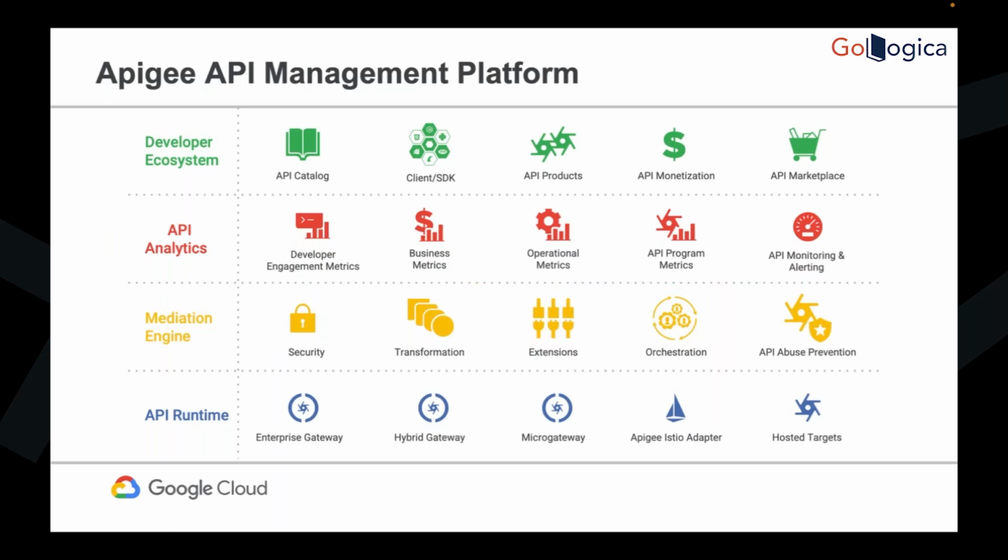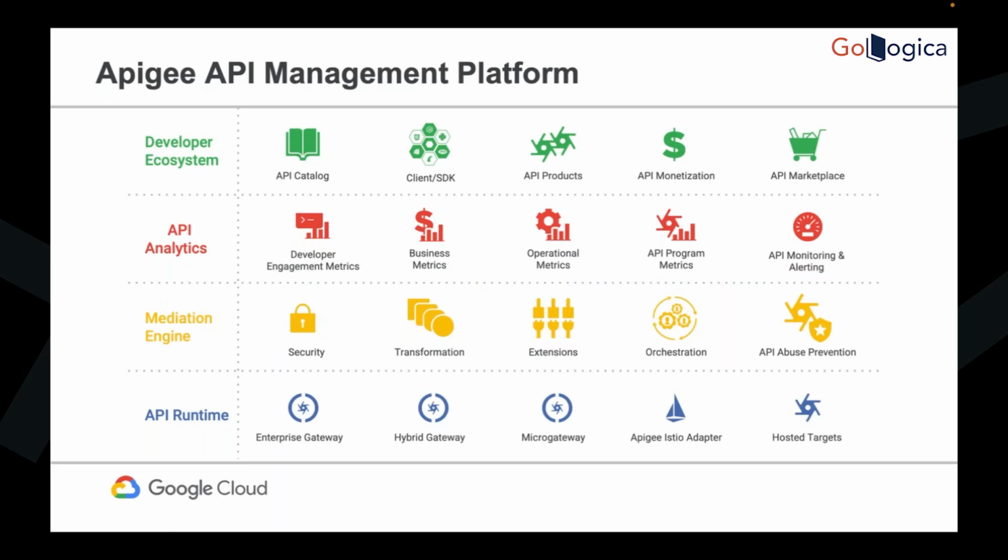How many successes, how many failures, or from the API program manager's point of view, they can create different reports. API monitoring, alerting, and all those kinds of things you can easily implement with the help of analytics. So analytics is a very good feature that comes as part of APG. It is out of the box; you don't have to install anything, because some other gateways don't provide analytics by default. You have to use some other platform or system for that.